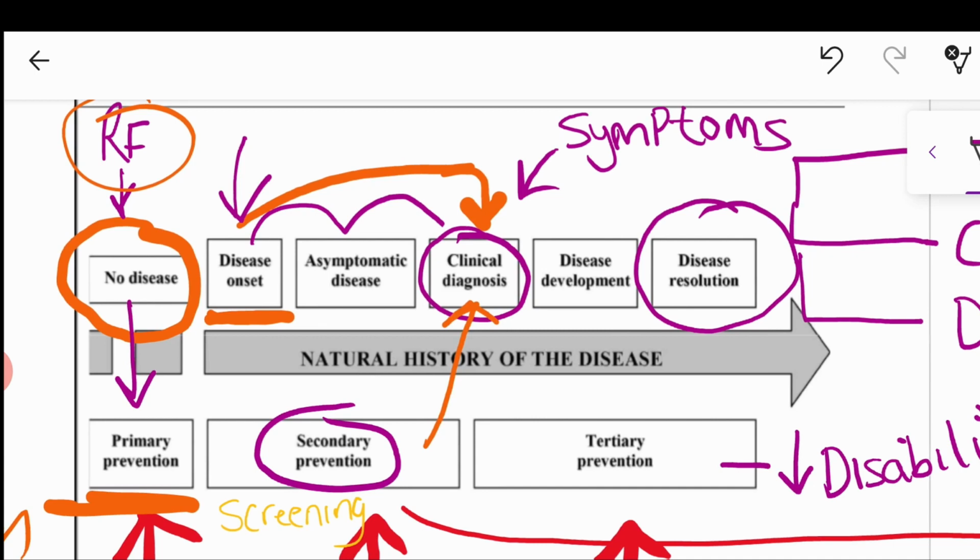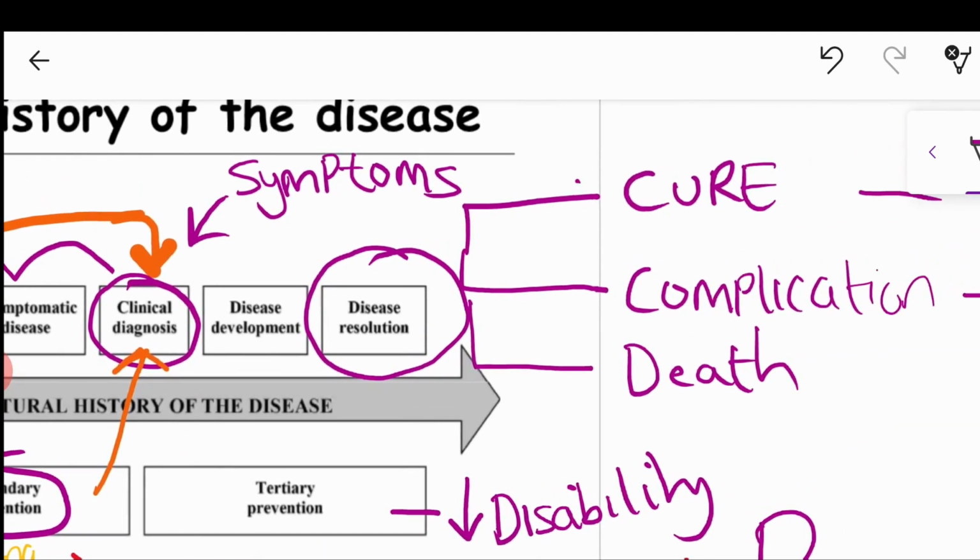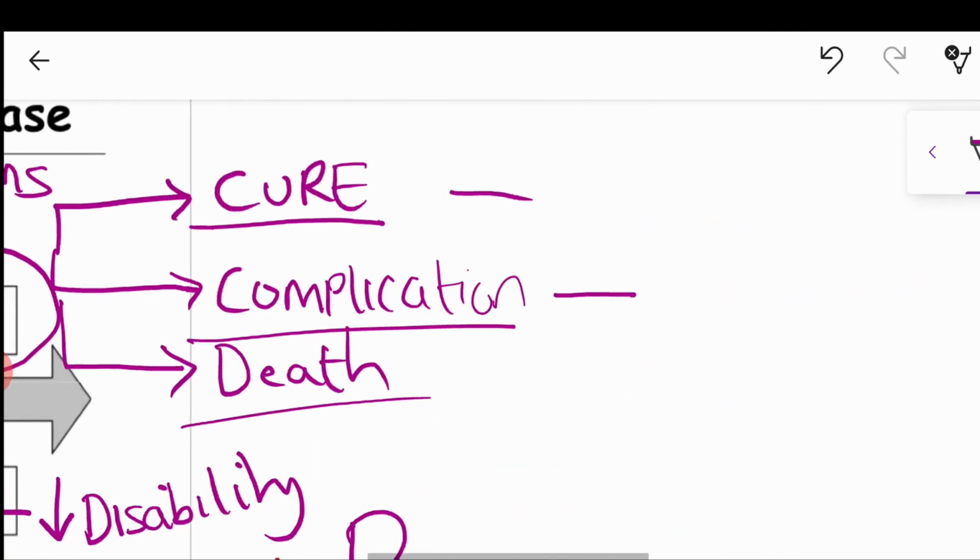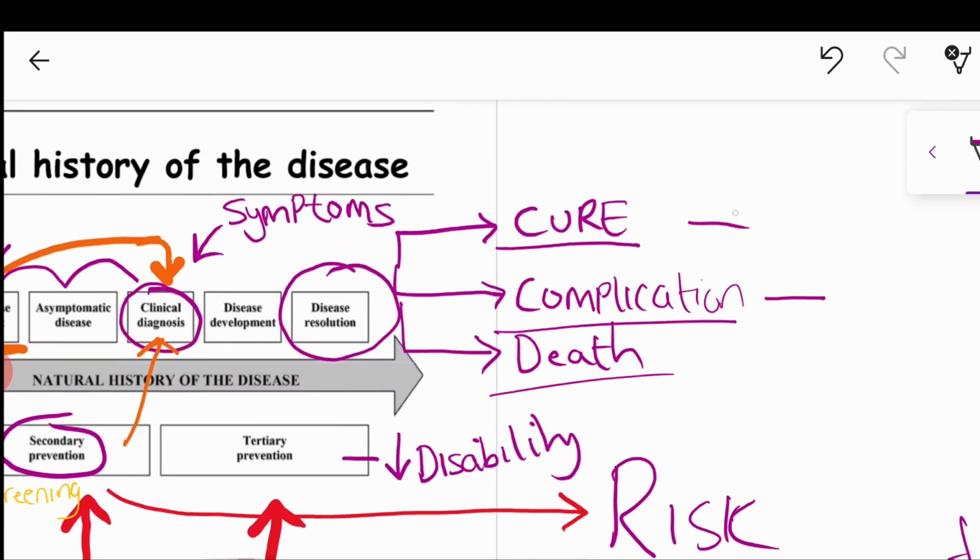And tertiary prevention, disease resolution. Here you have three options for disease resolution: a cure, complication, or death. Do you get over the disease? Does it become chronic? Or do you suffer from the disease and die? This would go under tertiary prevention.